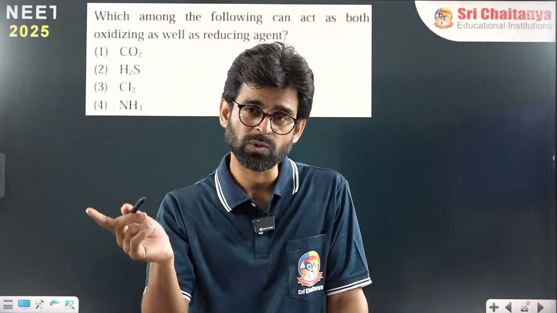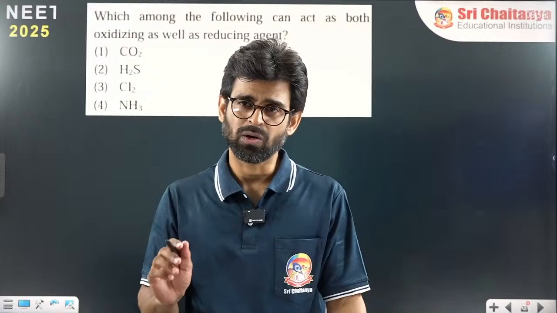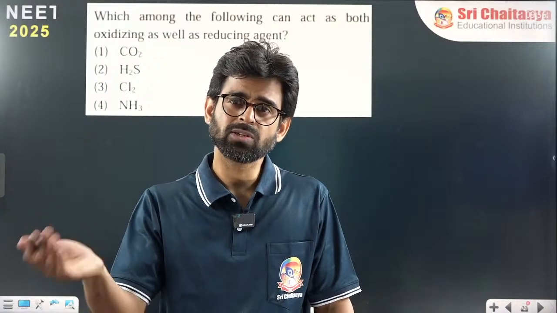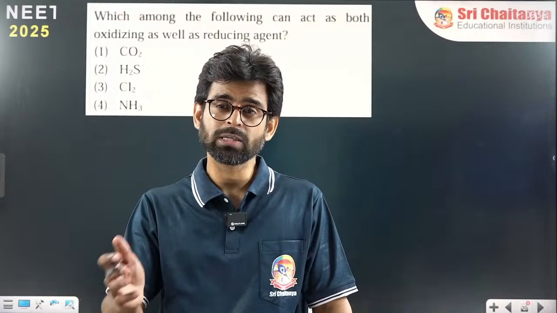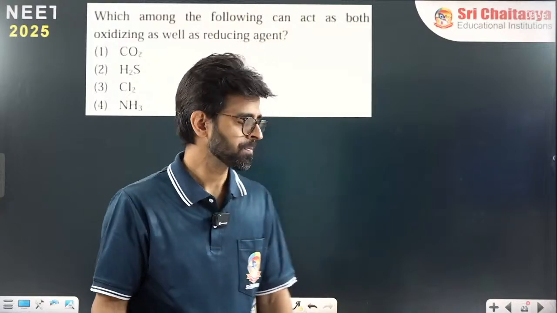You have to find the element which is present in its middle oxidation state, not at the highest one, not at the lowest one. Because if something is present in its highest oxidation state, it further can't be oxidized. If it can't be oxidized, how can it act as a reducing agent, right? And if something is present at the lowest oxidation state, it can't be reduced. So how can it act as an oxidizing agent, right?